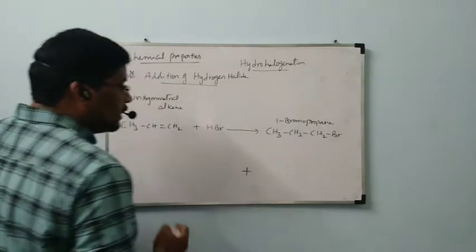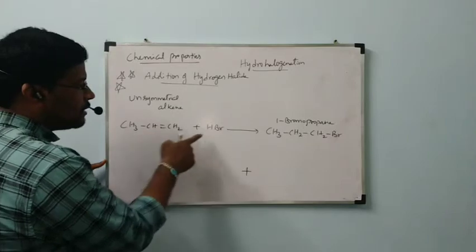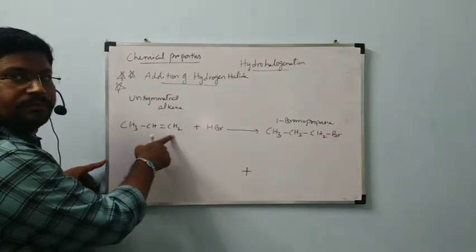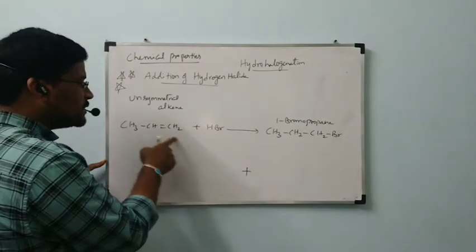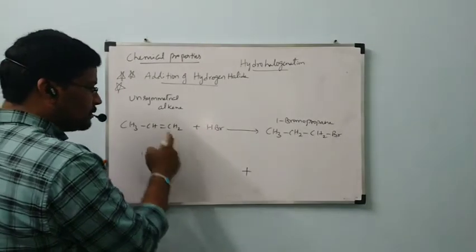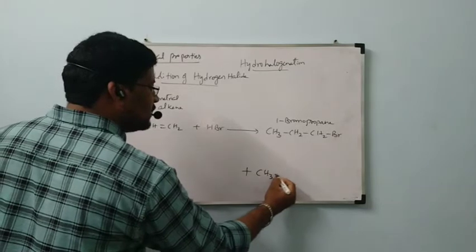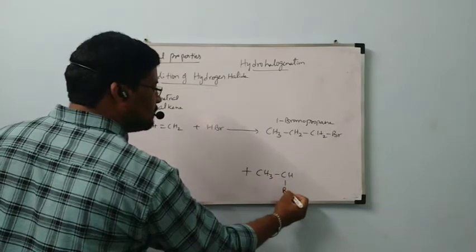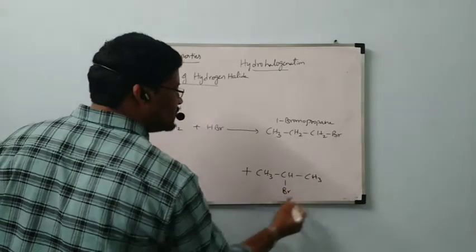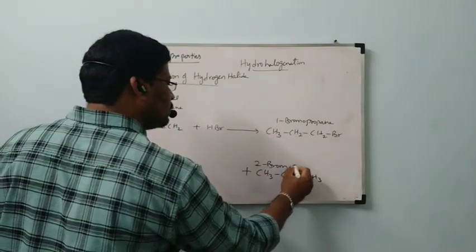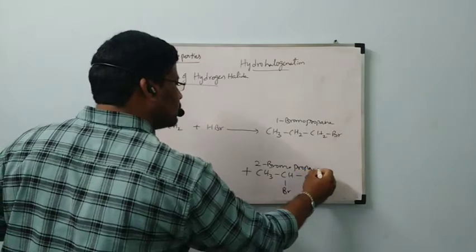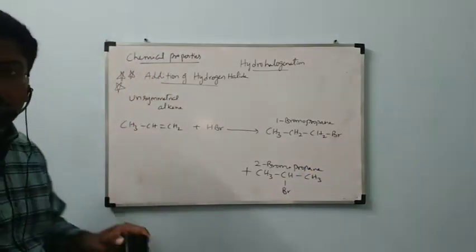Plus, if Br is added to the second carbon and hydrogen is added to the first carbon, then we will get CH3CHBrCH3, 2-bromopropane. Both are not the same compounds.